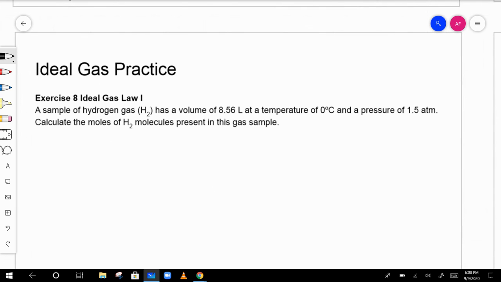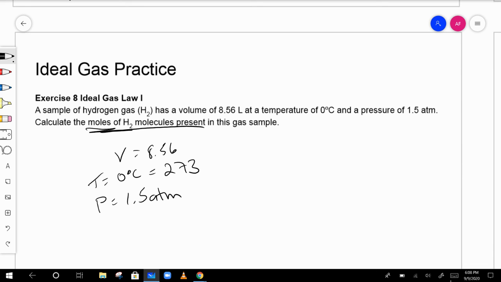Let's just look at one practice here. So a sample of hydrogen gas has a volume of 8.56 liters. A temperature is 0 degrees Celsius. So T equals 0 degrees Celsius, which is 273 K. And a pressure of 1.5 atm. Calculate the moles of H2 molecules present. So pressure is 1.5 atm.